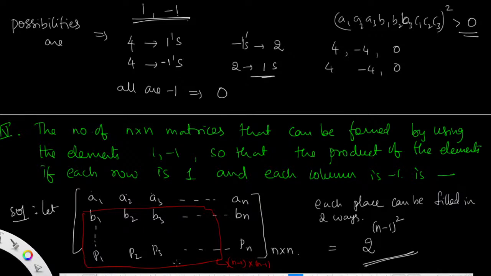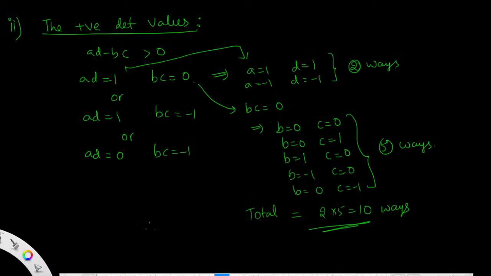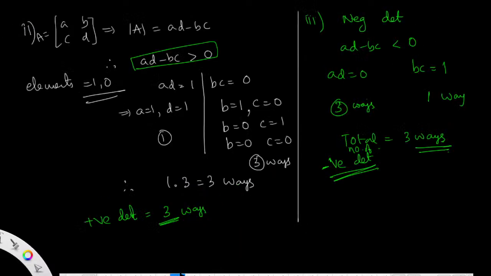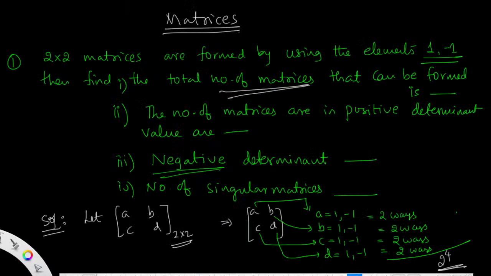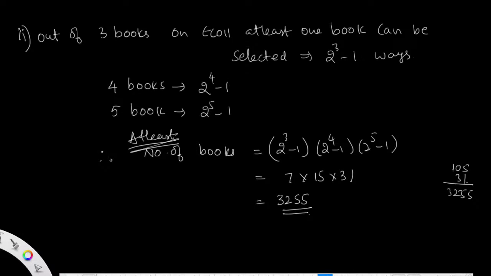In the previous problem we learned about 4 by 4, how many matrices we can get. There the matrix elements were 3, so we got 3 power 4. In the previous matrix, for the 2 by 2 matrix we got 2 power 4, that is 2 square.